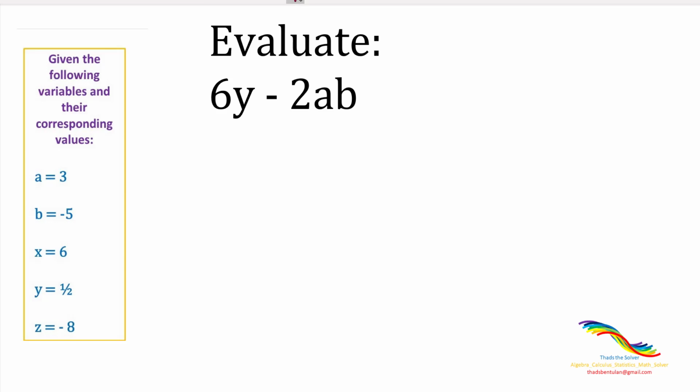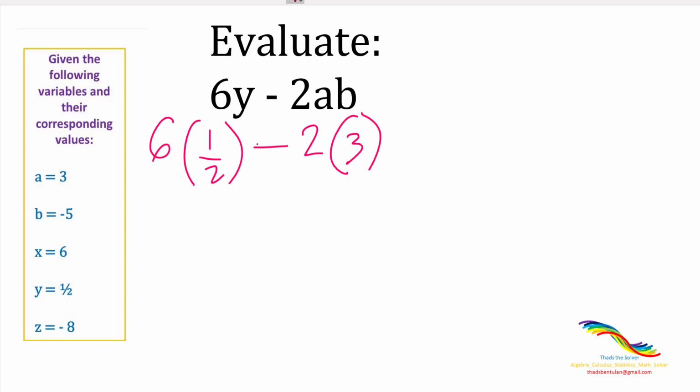Let's start substituting the values. 6y is 1/2 minus 2 times a, which is 3. Remember to use the parentheses when substituting the values. In the variables, b is -5.